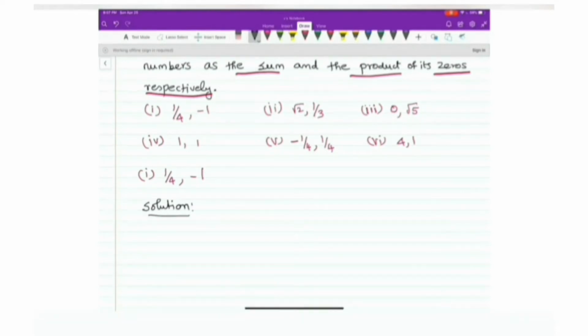You can write the same polynomial as k into x square minus alpha plus beta into x plus alpha beta, where k is any non-zero real number and alpha and beta are the zeros of that particular polynomial.